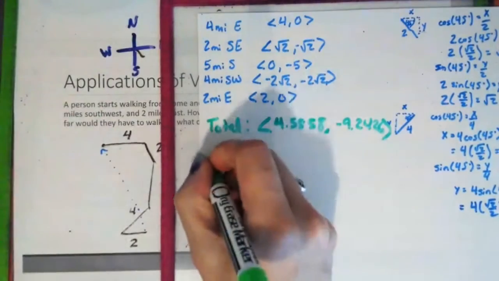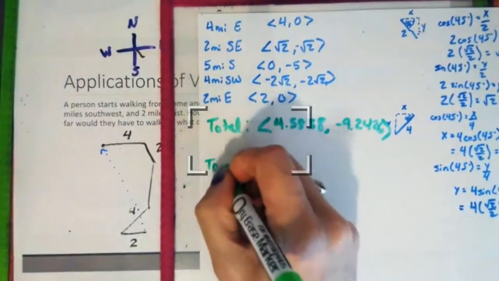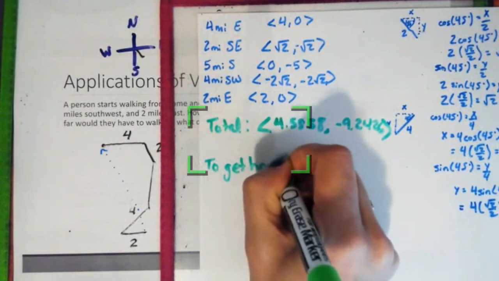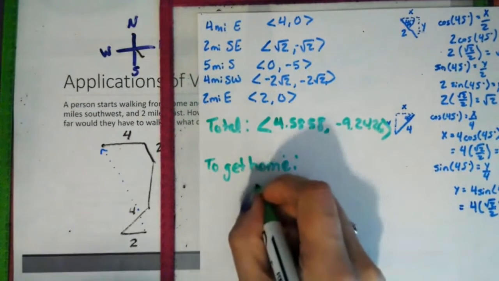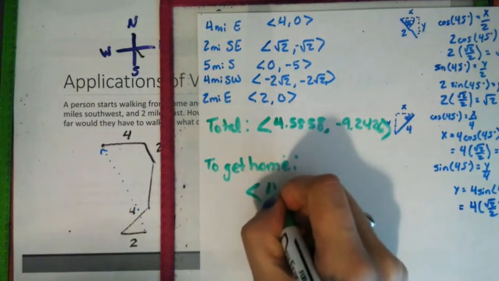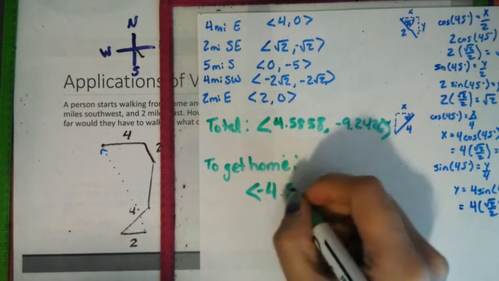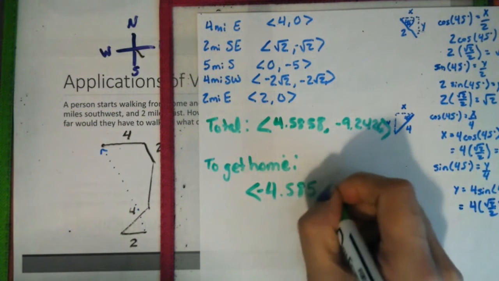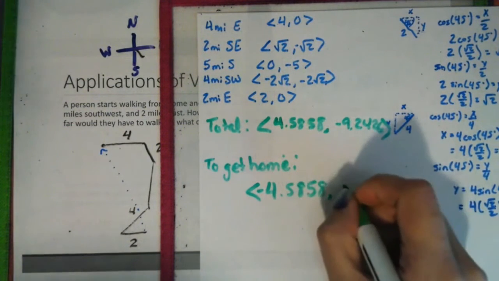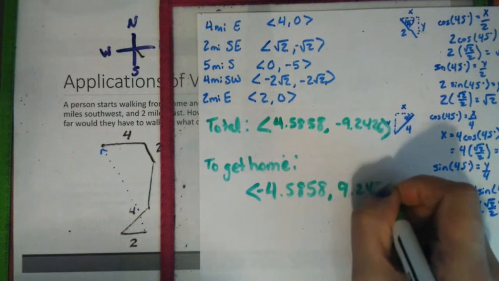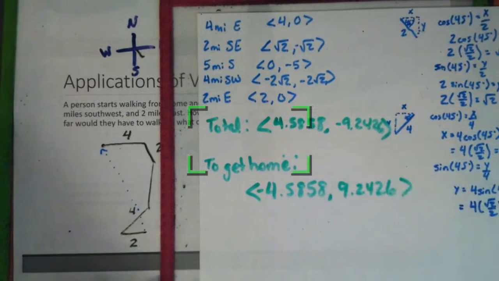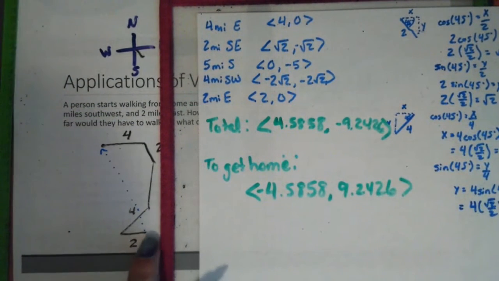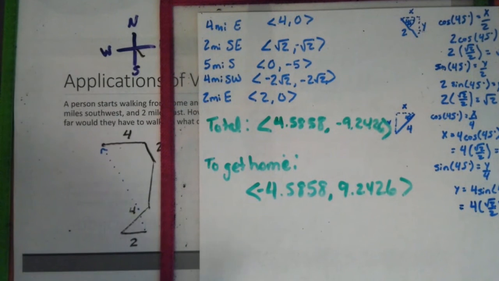So to get home, we just have to go in the opposite direction. So that would mean to get home, we have to go negative 4.5858 for our x direction and positive 9.2426 for our y direction. And hopefully that makes sense because we have to go to the left, which is west, and north, which is up, to get home.